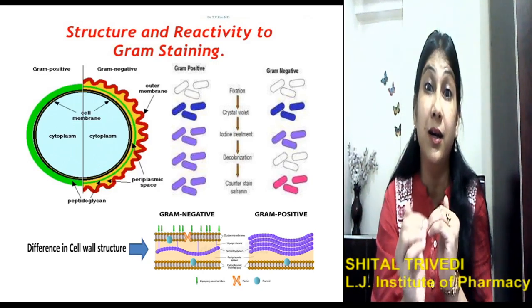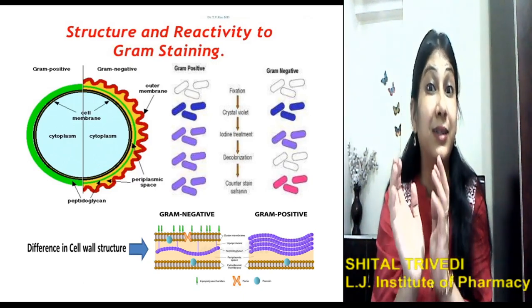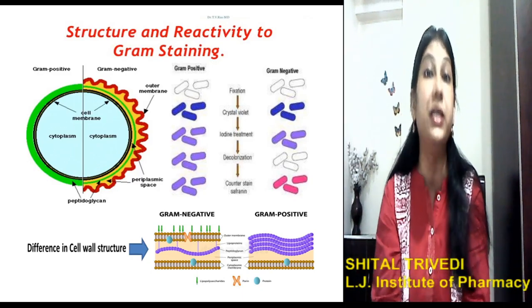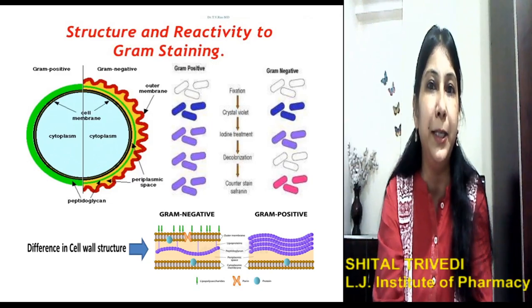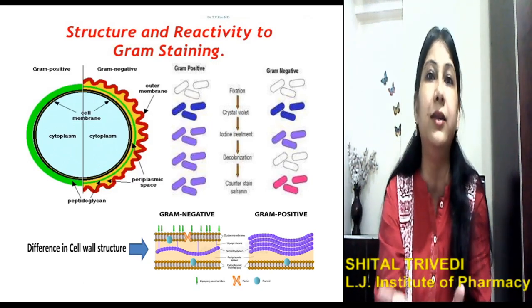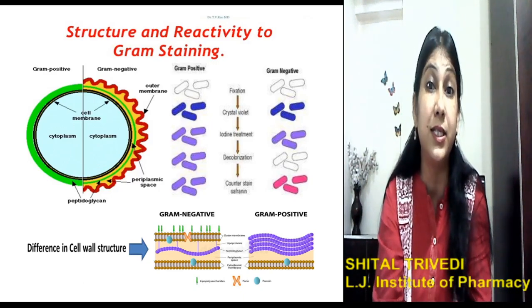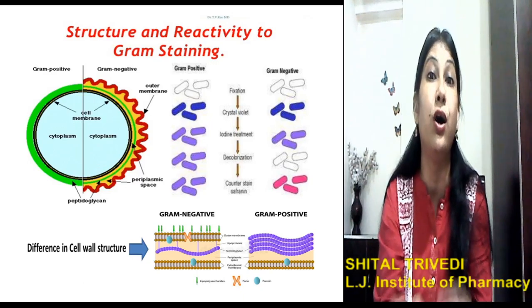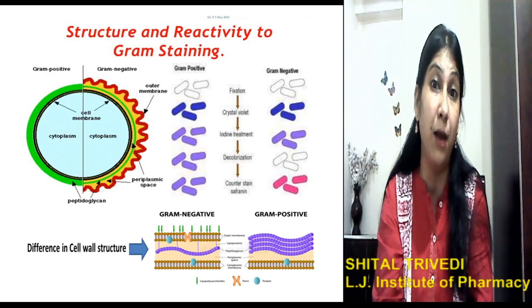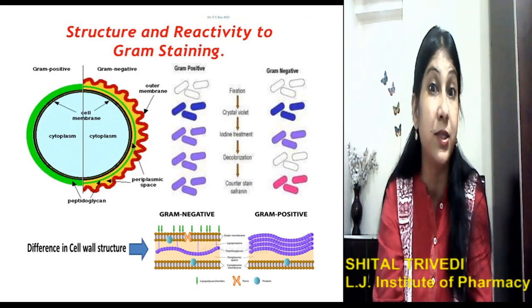In gram negative bacteria, the alcohol dissolves the lipid, which increases the permeability of the membrane, and the peptidoglycan is also less. So the primary stain is decolorized by the decolorizer, and gram negative bacteria become colorless.